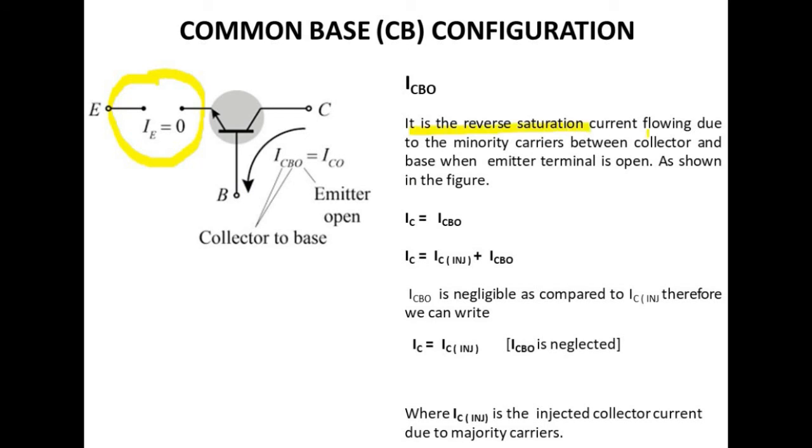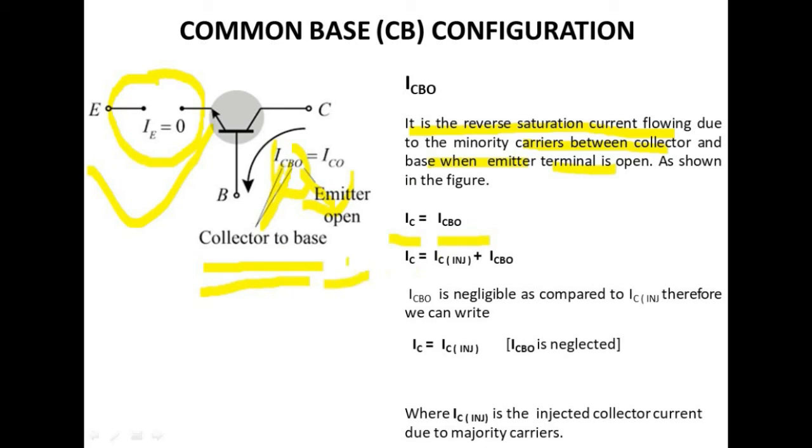So it is the reverse current flowing due to the minority carriers between collector and base when the emitter terminal is open, as shown in the figure. So when it is open, the current IC will be equal to ICBO. It is very clear that in ICBO, CB means current is flowing from collector to base with the emitter open. That is why this notation ICBO.